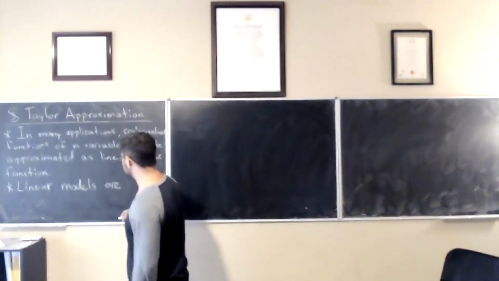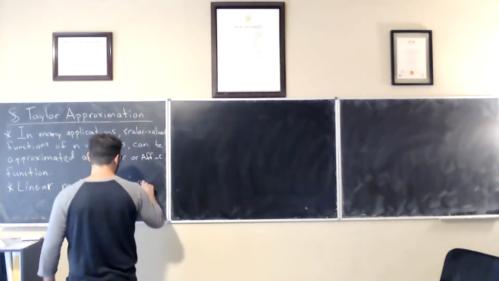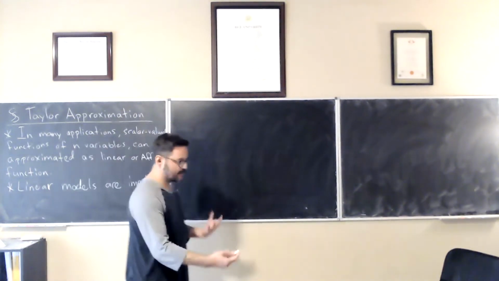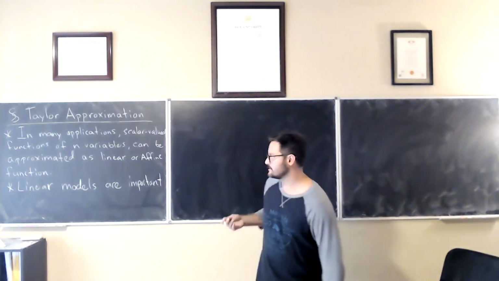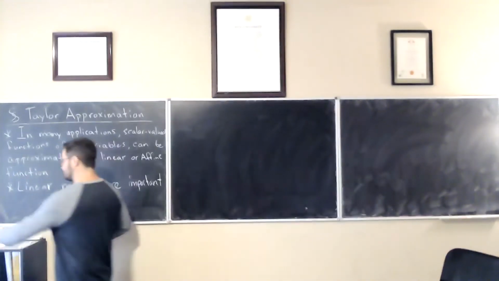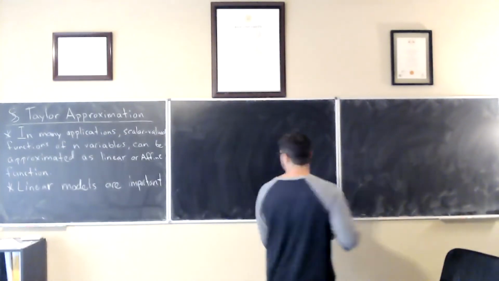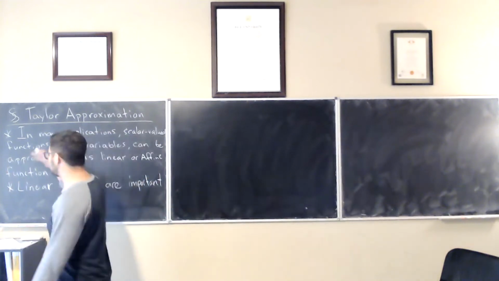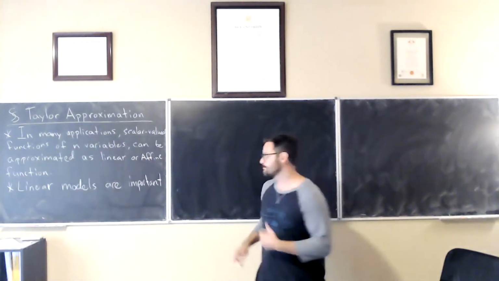So linear models are important. They're simple yet important. They're the most simple model that you can build in many cases, but that doesn't mean that they're not useful. So let's talk about why it would make sense for a nonlinear or non-affine function to be approximated by one.